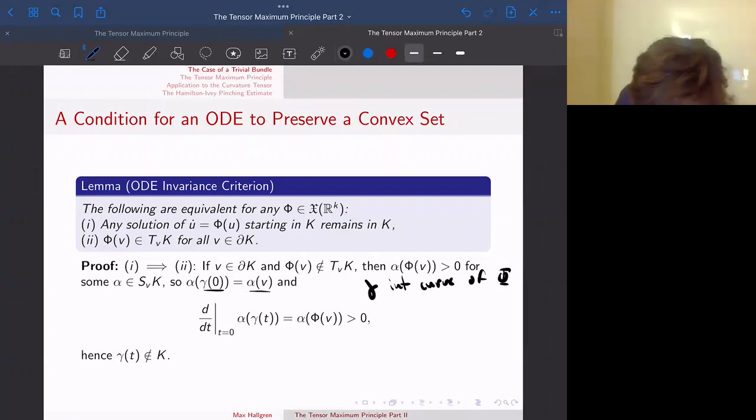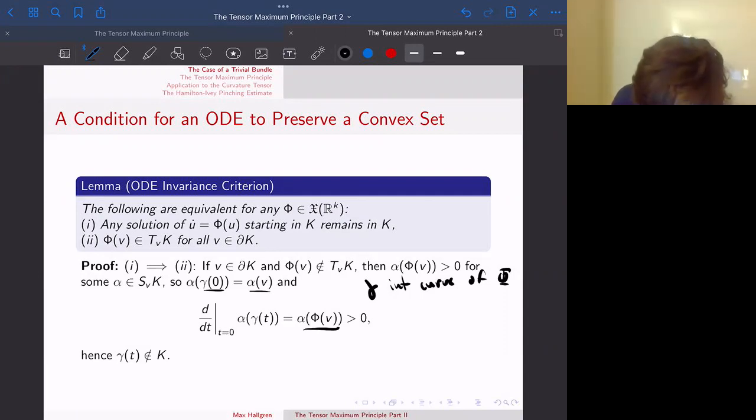And so if we just compute the derivative of alpha of gamma of t, because alpha is linear, we can just bring the derivative inside and we just get this quantity, which we just argued was positive. So what this means is that for small t, alpha of gamma of t is going to be strictly greater than 0, which means that it's not going to be contained in our convex set.